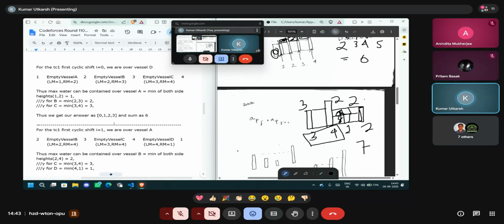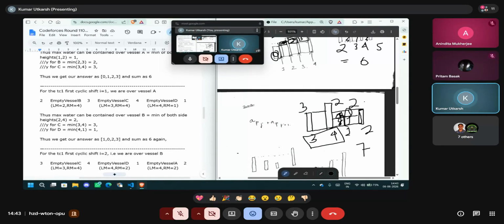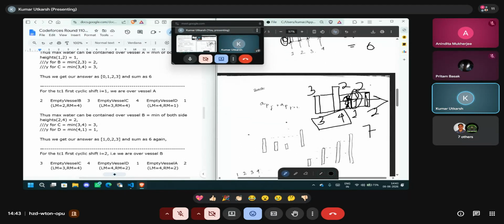So similarly, you can see I have written here. What we are doing for this one, on the left, is checking the highest tower height. So we can always get the highest, meaning the maximum possible. Okay, so for this tower, let's consider an example. The highest tower is this. So we always take this tower as our left reference, so that we can get the highest, not these two.